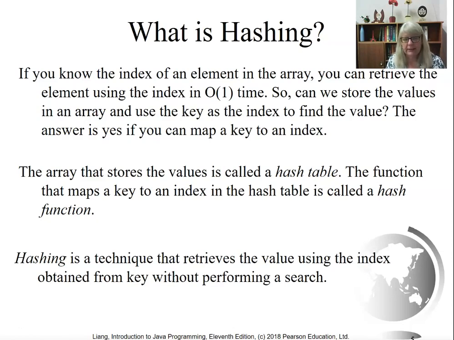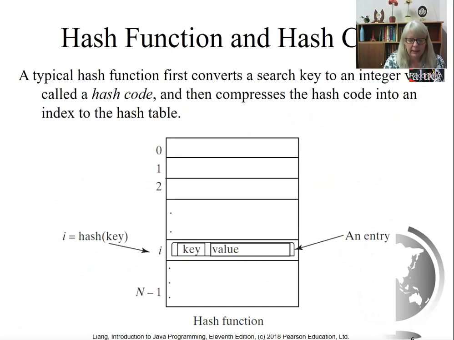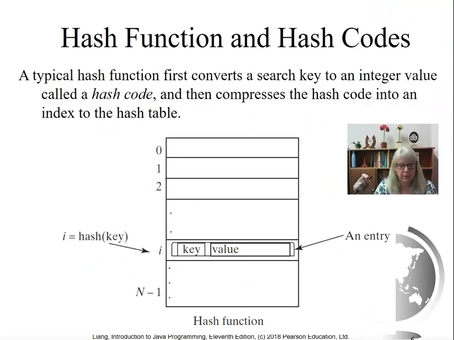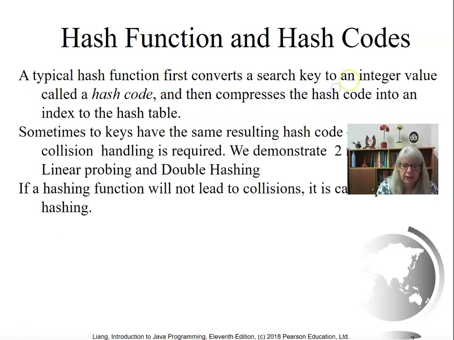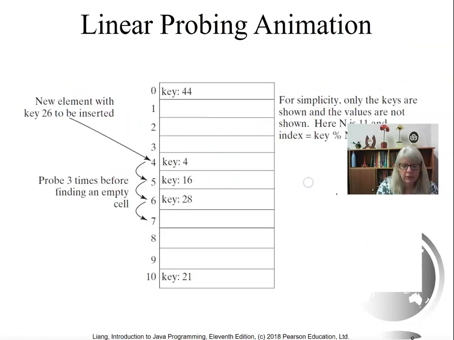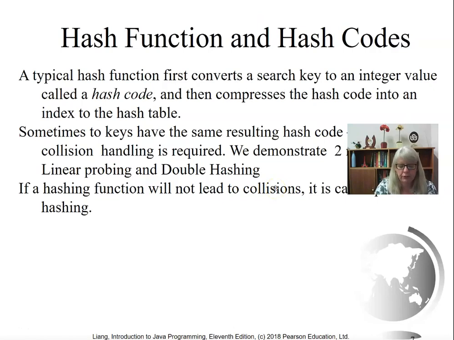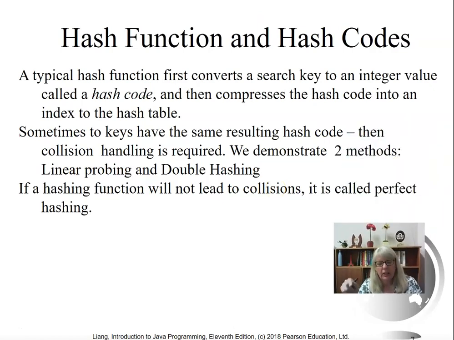And hashing is this process of converting the value of the key to the index of the array. Okay, here's an example from the textbook. The function first converts a search key to an integer called the hash code, and then compresses the hash code into the index in the hash table.